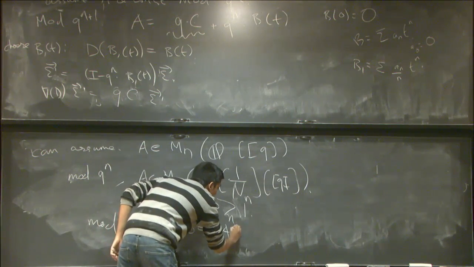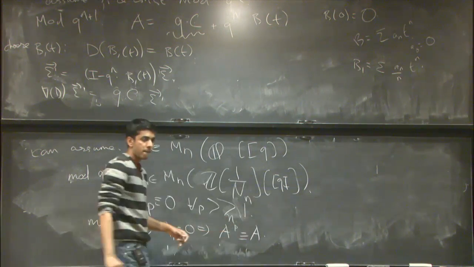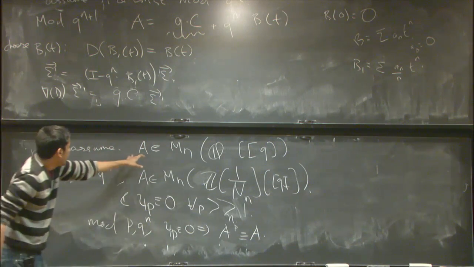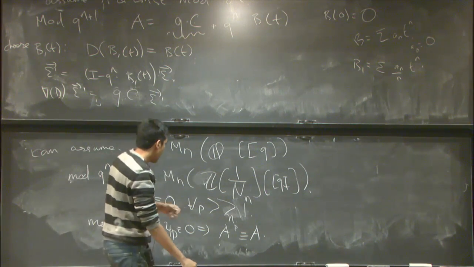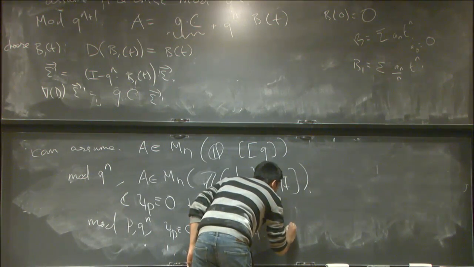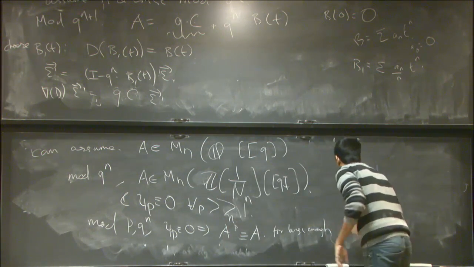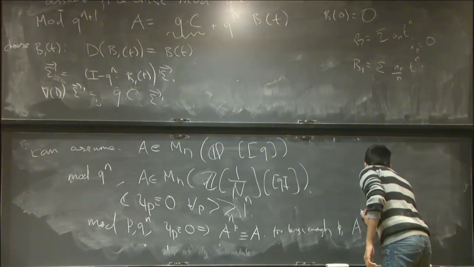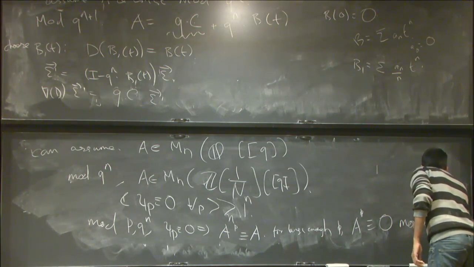And that gives you that A to the p is going to be equal to A. But note that A is a multiple of q, because we've assumed that mod q you have solutions. And so for large enough primes p, in fact for p bigger than n, A to the p is going to be 0 mod q to the n.